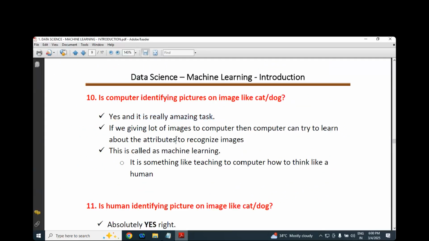Yes, and it is a really amazing task. If you give a lot of images to computers, the computer can try to learn the attributes to recognize images. This is called machine learning.